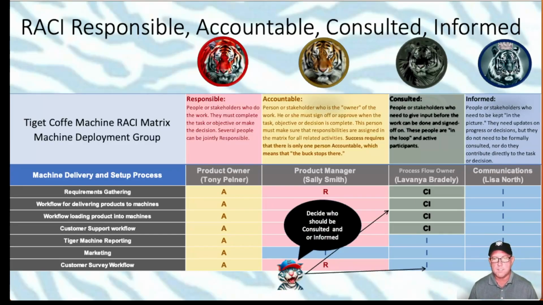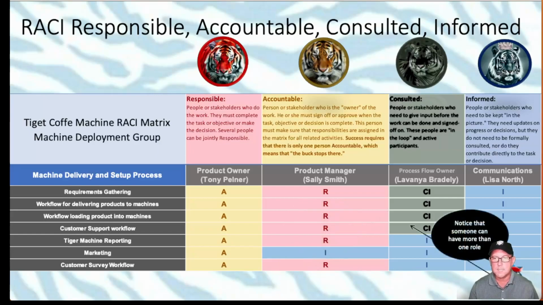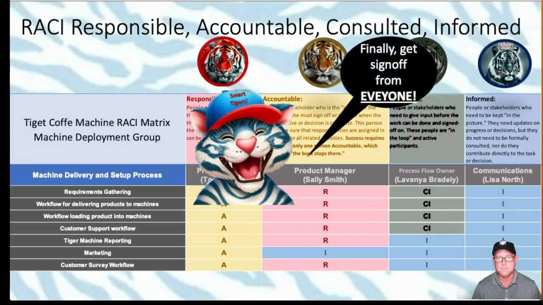Something I'm going to point out here is if you notice that a person can be consulted and informed, right? They can have two roles going forward. So keep that in mind. And the most important thing is when you have a RACI, when you're all done, get sign off. Get sign off in email. Something that says, everybody agrees to who does what.